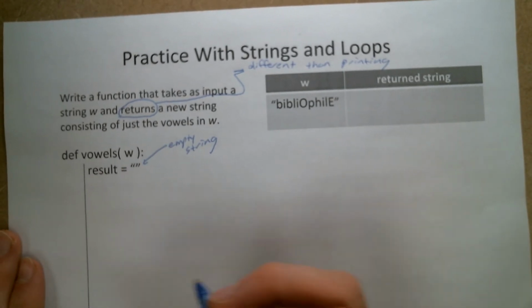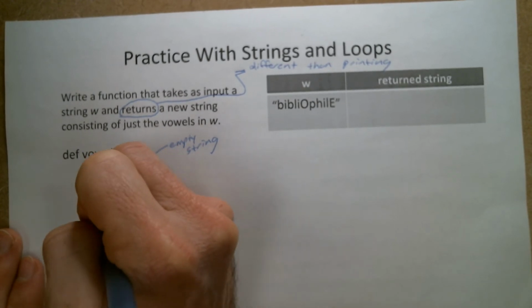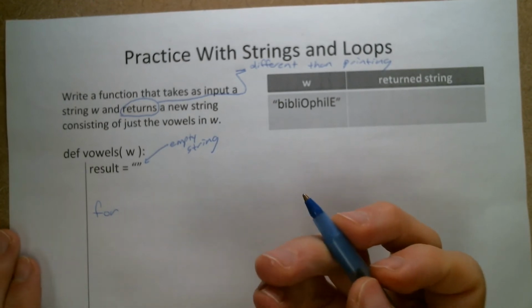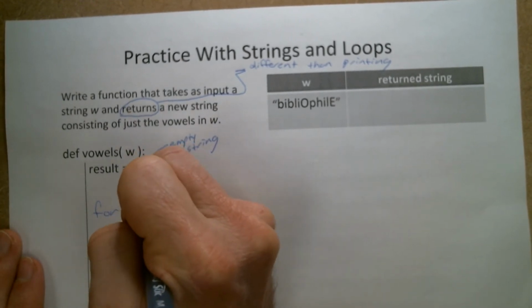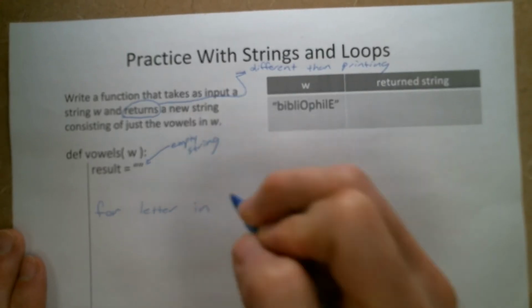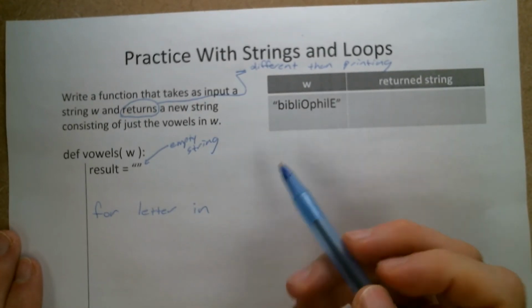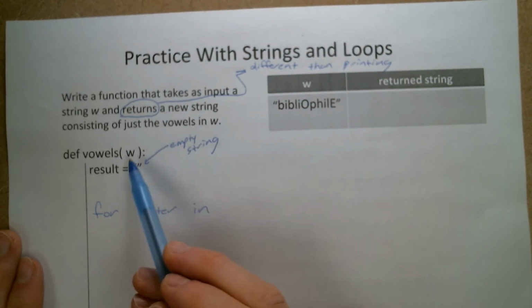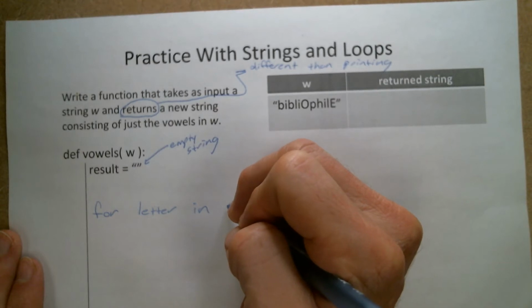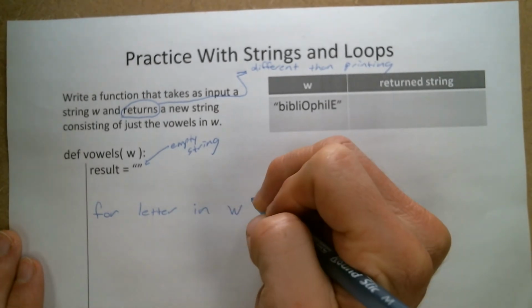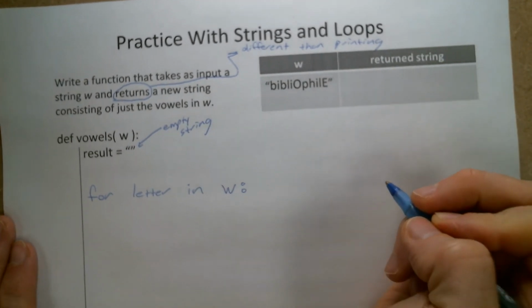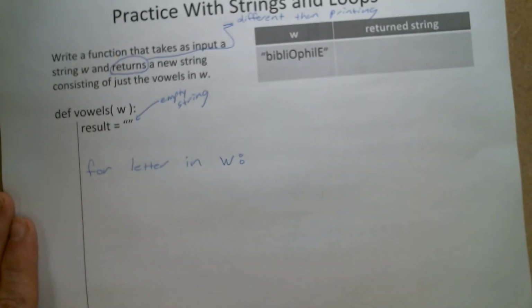All right, so we're going to start with our for loop. We're going to say for, and then again, this is the loop variable, so it can be whatever you want, but letter's been working pretty well for us, so I'm going to keep using it. In, now it's the name of our list or our string that we're going through. That's W, all right? That's what it was defined in the function, so we're going to go for letter in W. Then we have our colon. Now we're going to check to see if it's a vowel.